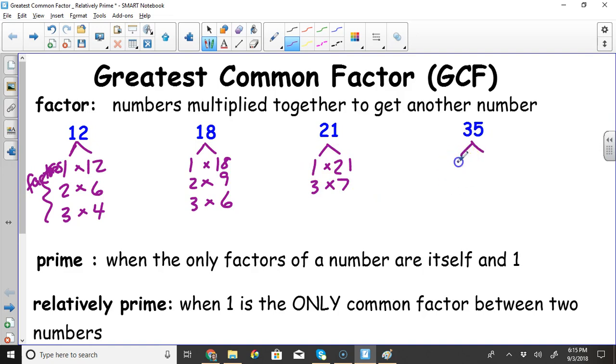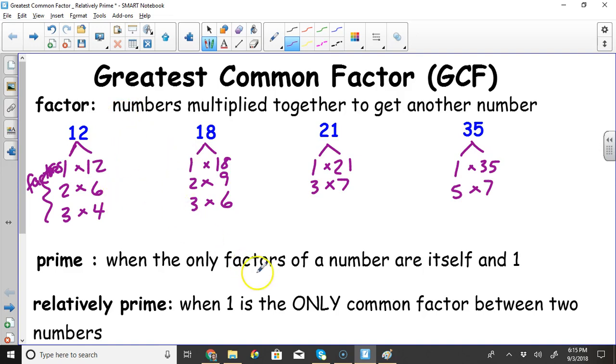All right, 35: 1 times 35, and I think the only other pair is 5 times 7. So here we've listed out all the factors of 35. This is where you need to be really good at your multiplication facts, so that we can expand our concepts of what we know about multiplication into factoring.